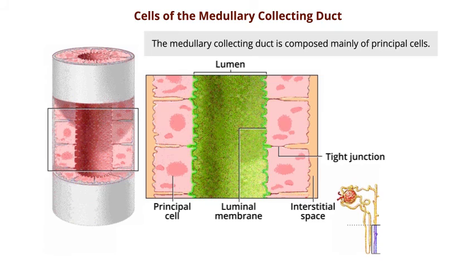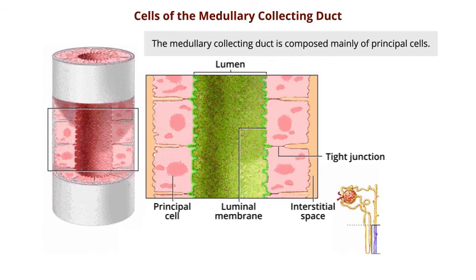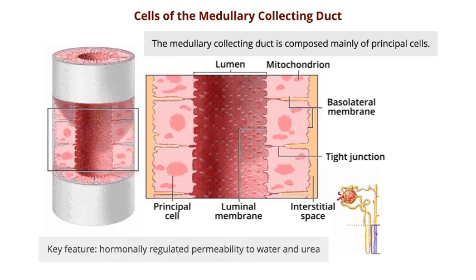The luminal and basolateral membranes are relatively smooth, and the cells possess few mitochondria. The permeability of these cells to water and urea is hormonally regulated as the fluid passes through this region. The key feature of these cells is their hormonally regulated permeability to water and urea.